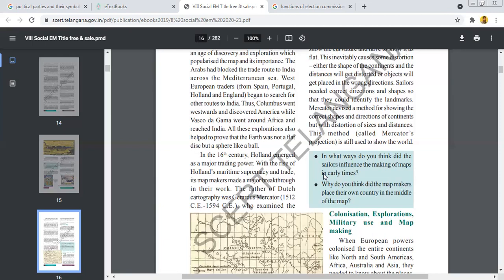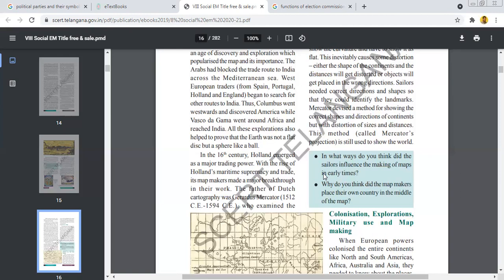The survey was completed by Sir George Everest, who found the height of Everest. Finally, Everest was named after George Everest.